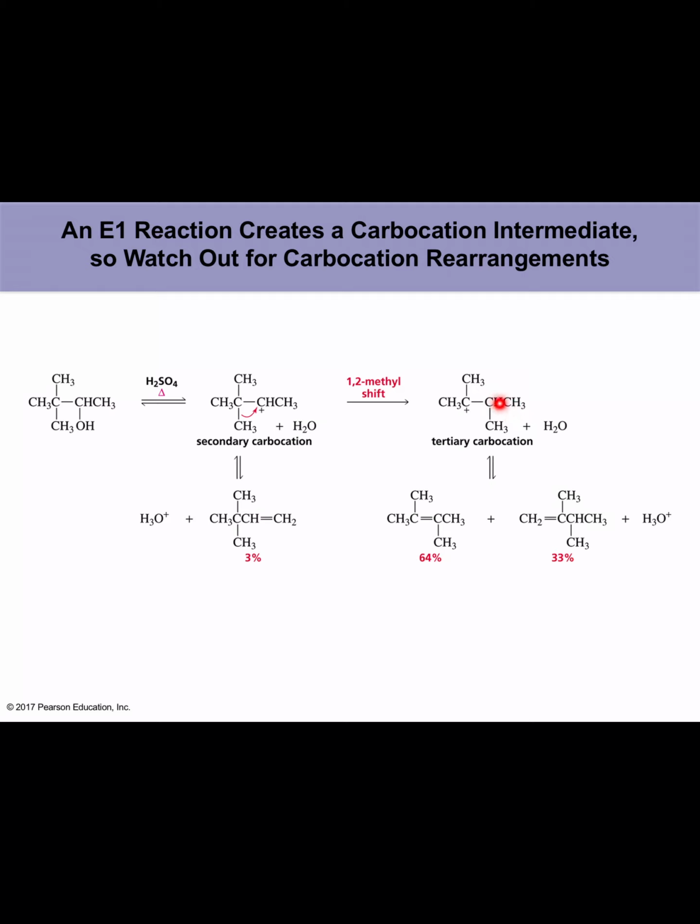You see, this hydrogen will eliminate to form the more stable, more substituted alkene, 64%. And then you can also have the other competing alkene, which is from 1 hydrogen removed from this methyl group, making a terminal alkene, which is 33%.